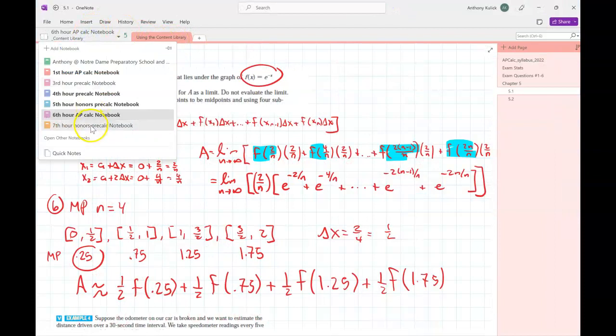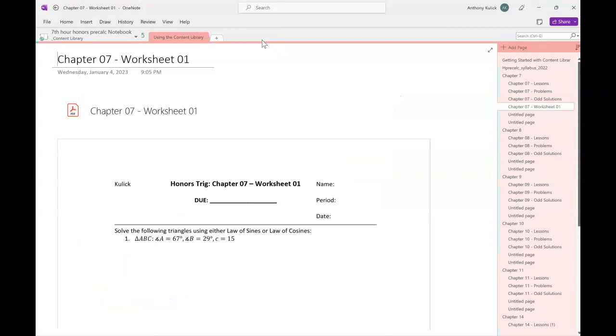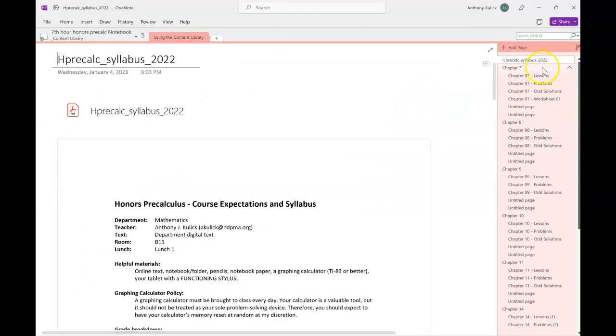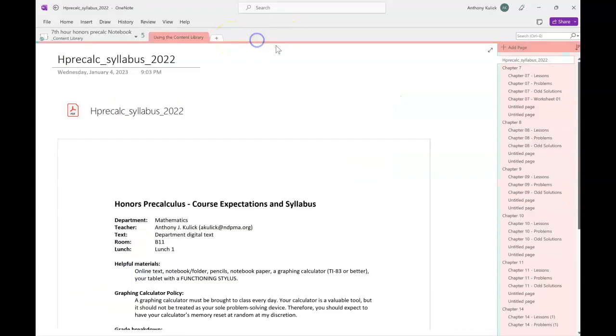So if you haven't had my class before, most of what I do is going to be done inside of OneNote. When you open up your OneNote, you're going to see 3 tabs at the top. Your collaboration space, I don't use that for anything. Content library, that's where I put anything that I'm going to share with you.